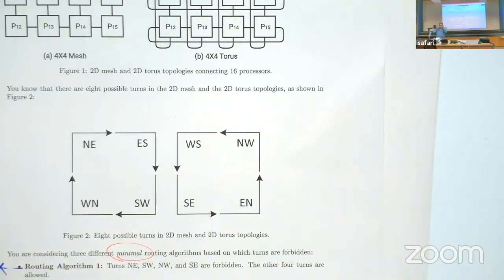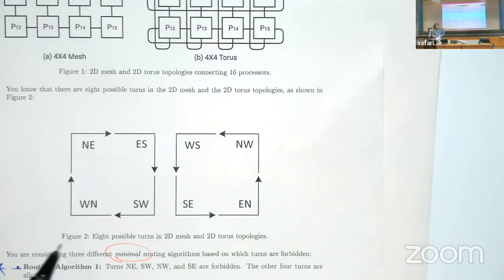Usually, if you want to prove that an algorithm is deadlock free, we can use contradiction. So we consider that we have deadlock. If we have a deadlock, it means that we have a circle. And that circle could be clockwise or counterclockwise, right? Without loss of generality, we can consider that the circle is clockwise.